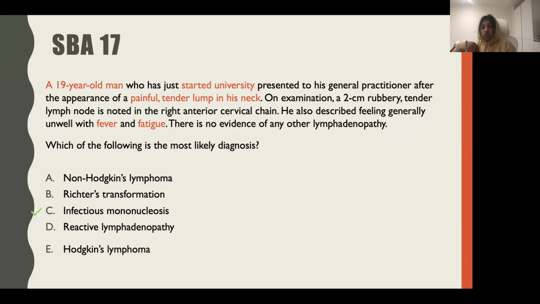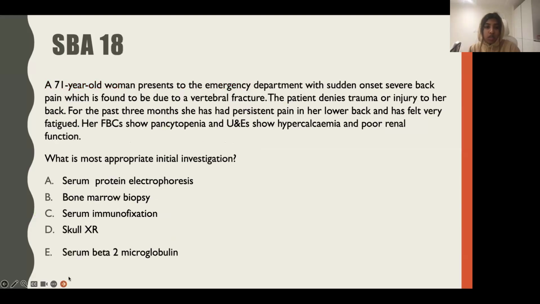Hence why this is C and not the other ones, which are all more lymphoma and cancer related. Does that make sense? And Richter's transformation happens in CLL, which is old men, and he's not old at all. This is a tricky question, but it did come up last year, so it's important to know this one. Next question.